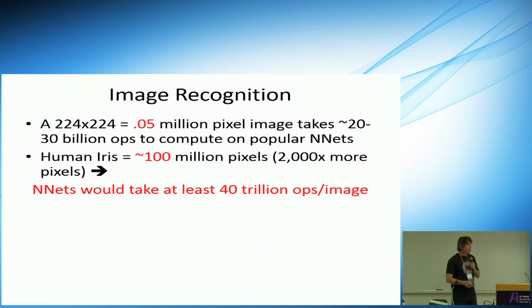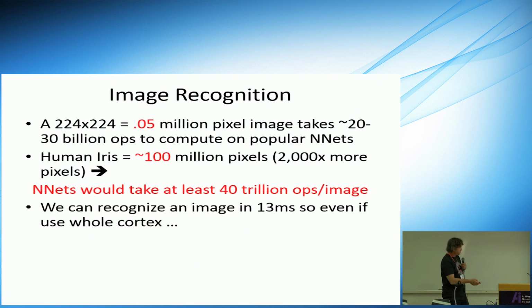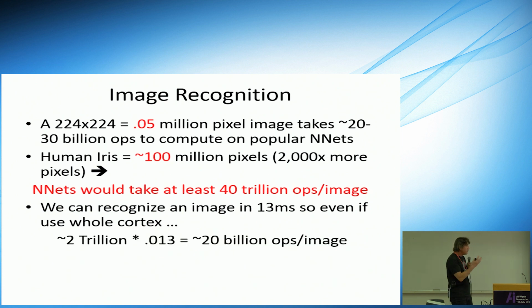So if you think about that, if we recognize an image in 13 milliseconds, which is kind of the time that it takes you to recognize Mount Fuji, then even if we use the whole cortex, what you have here is about 20 billion operations per image.